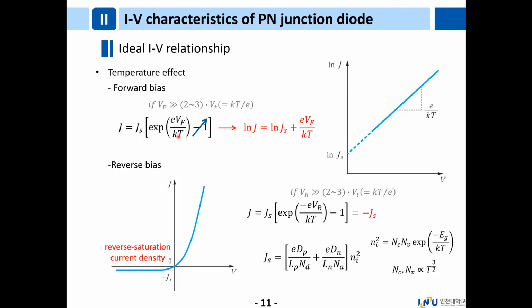Conversely, the forward bias voltage required to obtain the same diode current decreases with increasing temperature. This change in IV characteristic with temperature can be utilized to measure temperature.